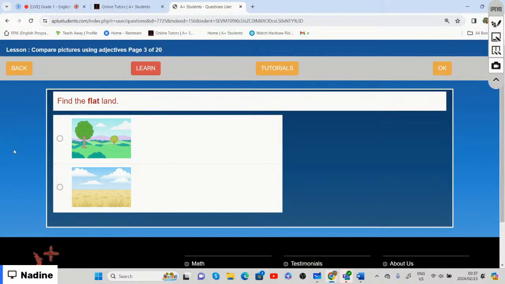And if we look at the sentence, find the flat land, what is our adjective? What word is our adjective within that sentence?